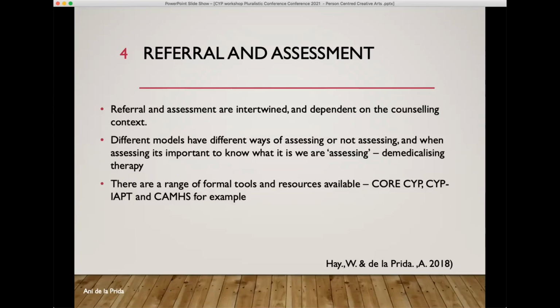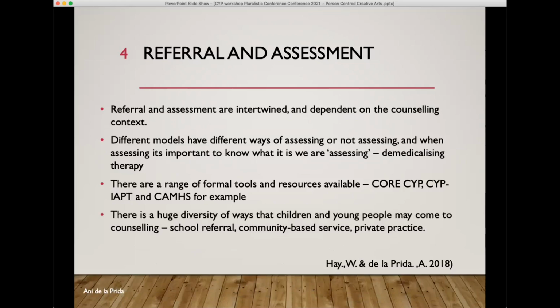There are lots of formal tools and resources around that you can look up. They're very widely available and they're different. But there isn't one single referral route or way that people come to therapy. There are a multitude of ways, a multitude of settings. School referral will be different from a community-based service. Private practice, again, children come to that in a different way.